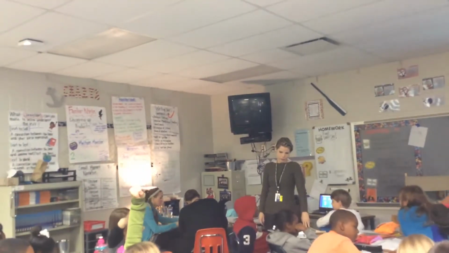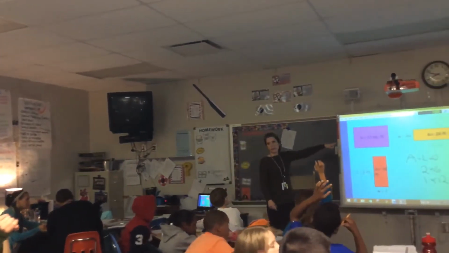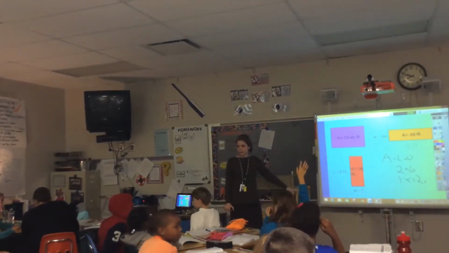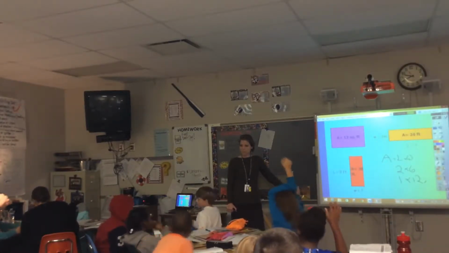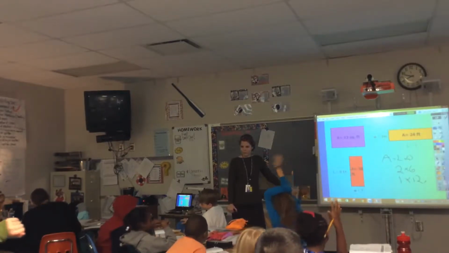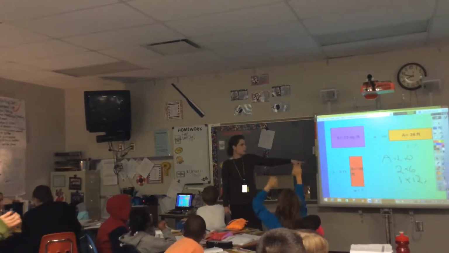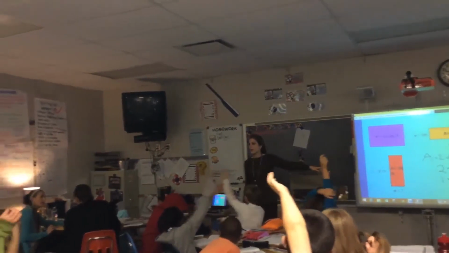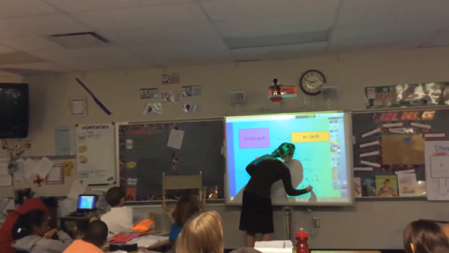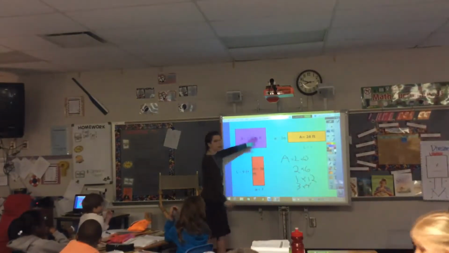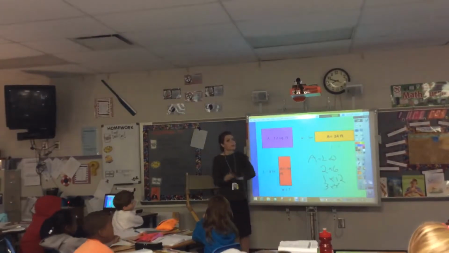Give me another set of numbers for the purple square. We've got 6 times 2. We've got 1 times 12. Campbell, give me another one. 3 times 4. So, even though we don't have those squares, we can still guess. We can still say, well, we know this number times this number equals 12.